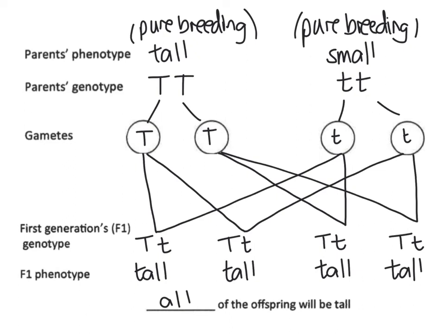So once you've got that copied down, it says draw a genetics diagram to show what happens when 2 of these F1 plants are crossed. Okay, so 2 of the F1 plants would be 2 of these being crossed. Doesn't matter which because they're all the same.